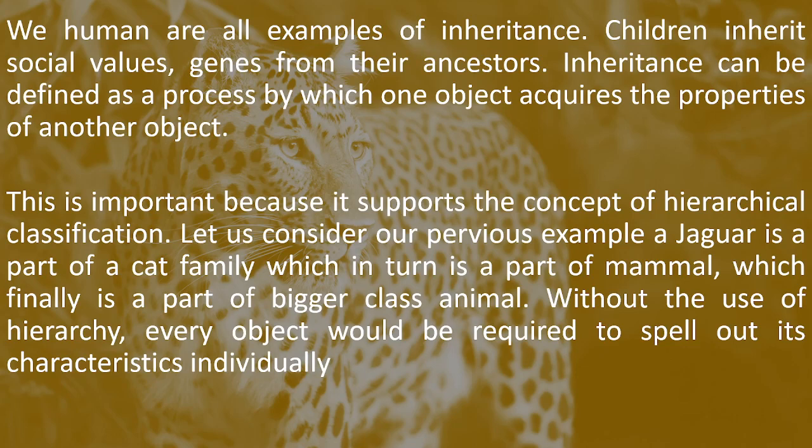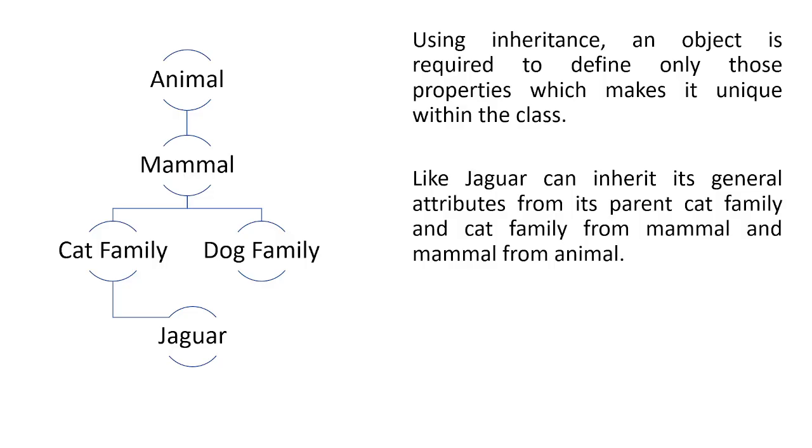Like in the case of our dog family, we can easily say what the similar traits are. So when we use inheritance, an object is required to define only those properties which make it unique within the class. Like we have animal, mammal, cat family, dog family, and suppose the jaguar is from the cat family.